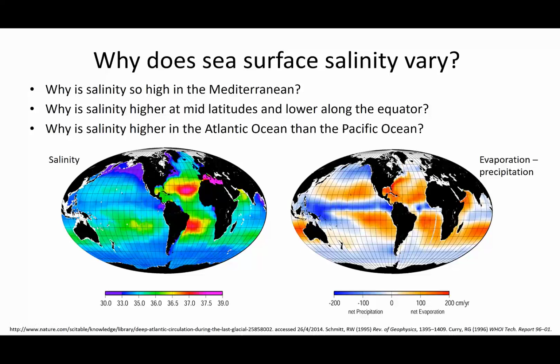So why then is the Atlantic more saline than the Pacific Ocean? We might think that in the Atlantic, there's simply a lot more evaporation over the ocean than precipitation. But we actually have to think a little further than that.